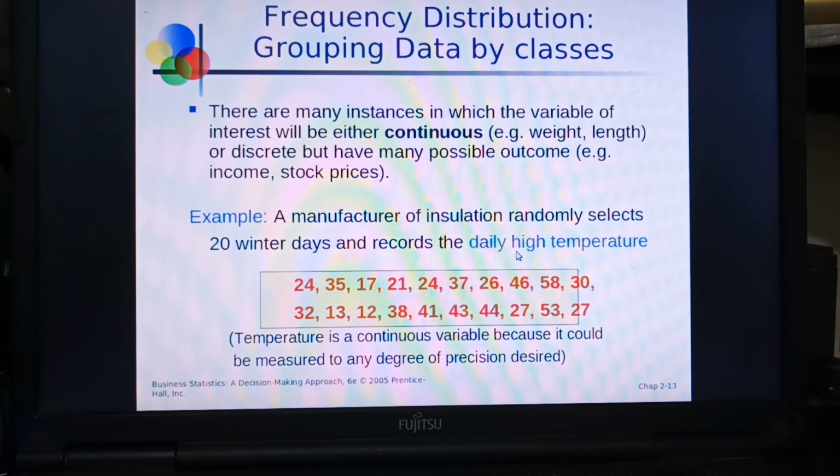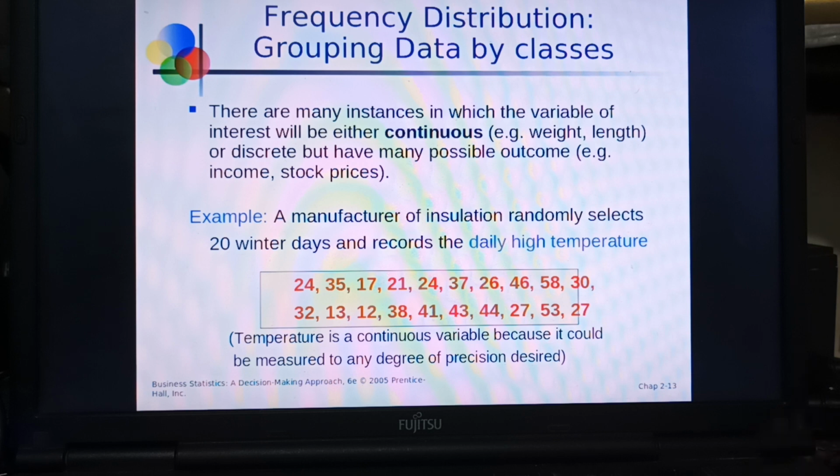Now still on frequency distribution, now this time grouping data by classes. There are many instances in which the variable of interest will be either continuous, for example like weight or length, or discrete or integers, whole numbers, but have many possible outcome, for example income and stock prices.